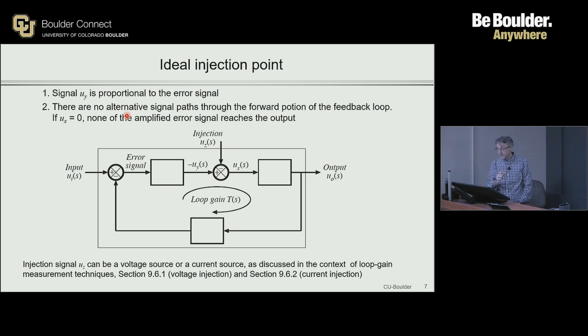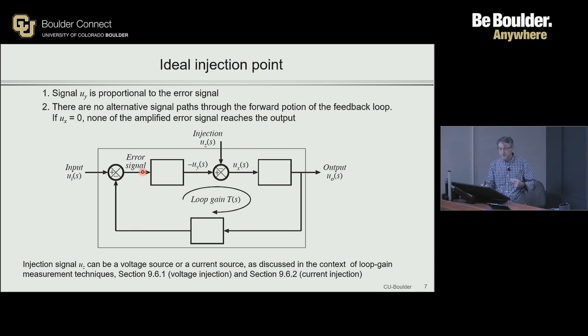So the second aspect to the ideality of the injection point is that there are no alternative signal paths through the forward portion of the feedback loop other than what is shown right here. More specifically, if you set ux signal equal to 0, then none of the error signal is going to reach the output. So those are two characteristics that we associate with the ideal injection point. So number one, uy is directly proportional to the error signal.